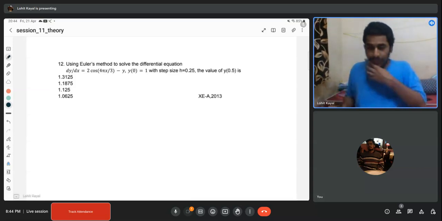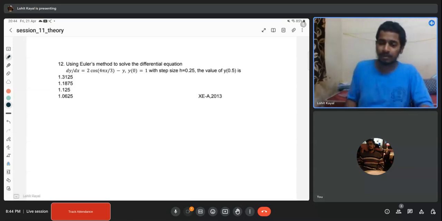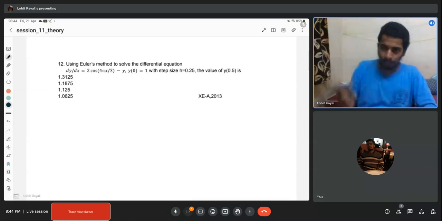I need to find y at 0.5 and the step size is 0.25. So two step Euler. I will just quickly write the first step.